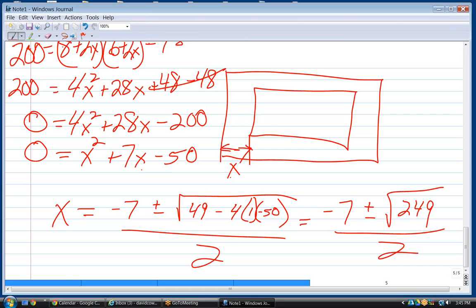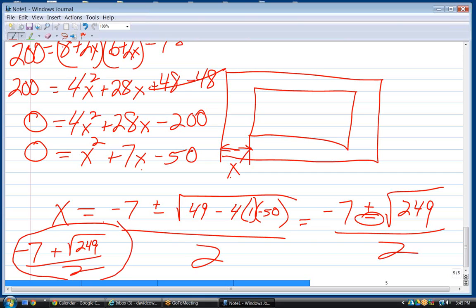If you take the minus part of that, you're going to have a negative number. So you can throw out this solution. Okay. Because whenever you're figuring out dimension, you can't have a negative dimension. So the answer is -7 plus square root of 249 divided by 2.